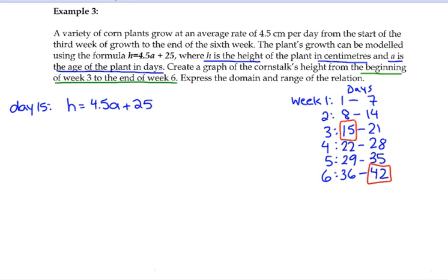We have an equation. Our height is equal to 4.5 times the day number plus 25. First, what does the 4.5 represent in the formula? How much it grows each day. It's our rate of change. Does anyone want to take a guess at what 25 represents? Danny? Close. No. Okay. Yeah, Ryan?